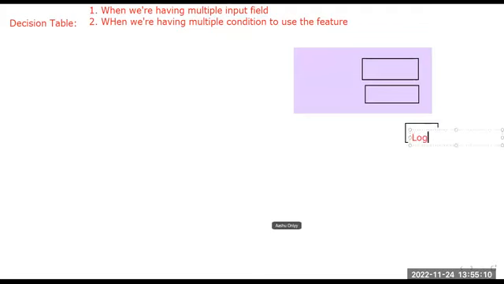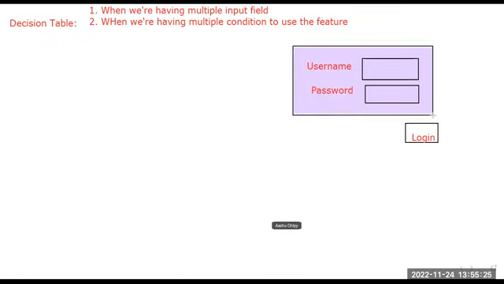So are we having multiple input fields here? No, sir. We don't have multiple input fields. In the login feature we have username and password. Forgot password we also have.